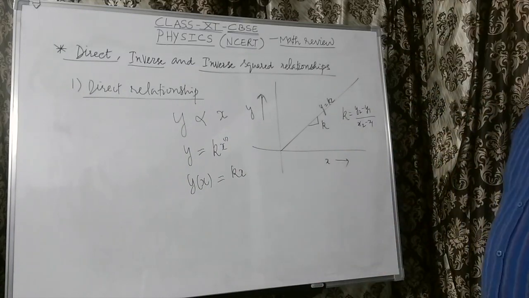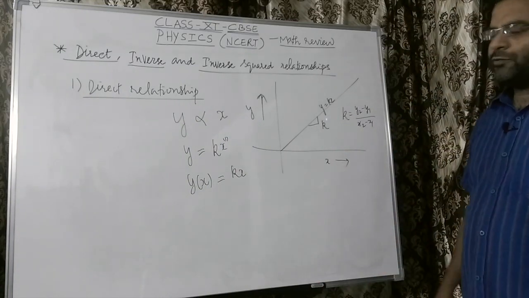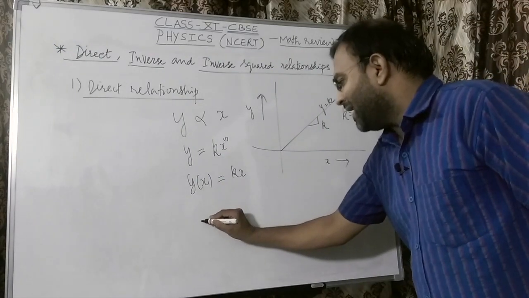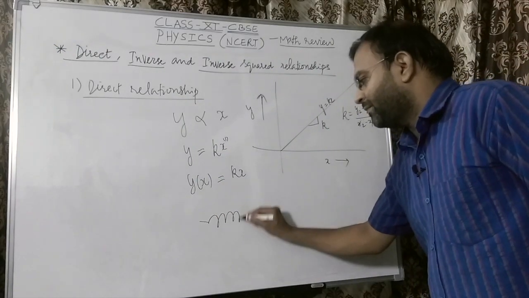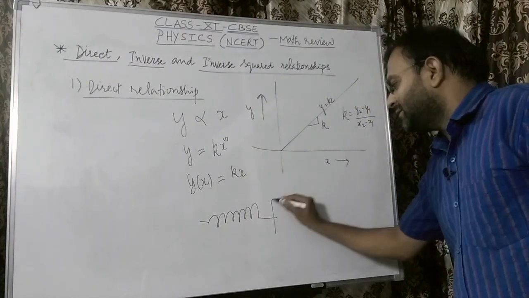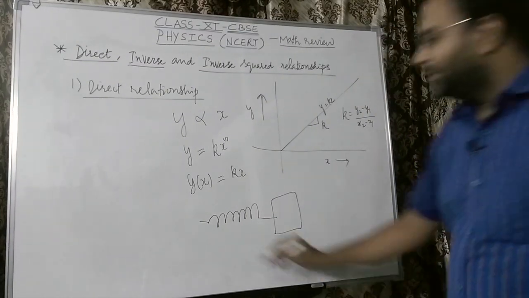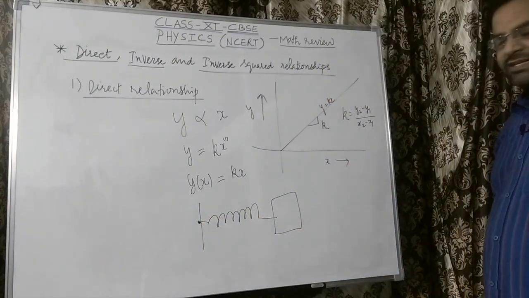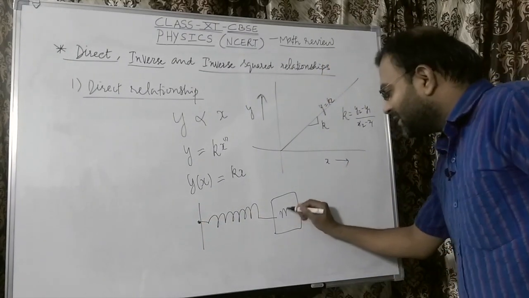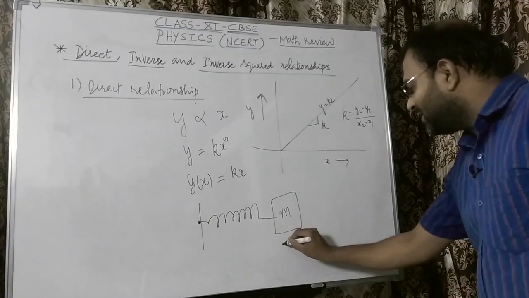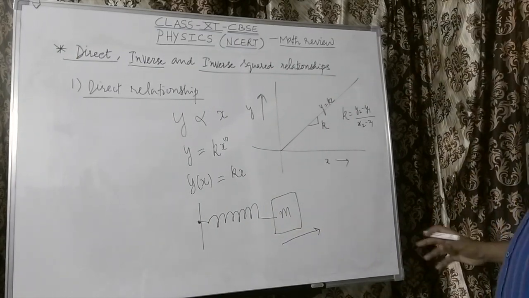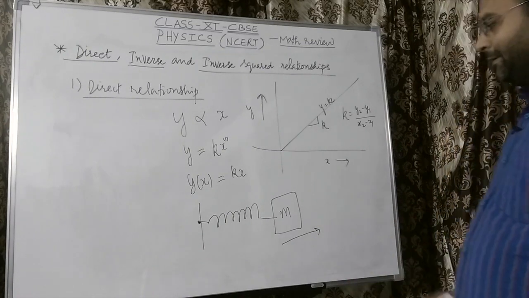In physics, for example, often you would encounter a lot of quantities that have a direct relationship. For example, when you connect a spring to a mass, and one end of the spring is fixed and a mass is connected to the other end of the spring, and if this mass is moved towards the right by pulling the mass, the spring is going to extend.